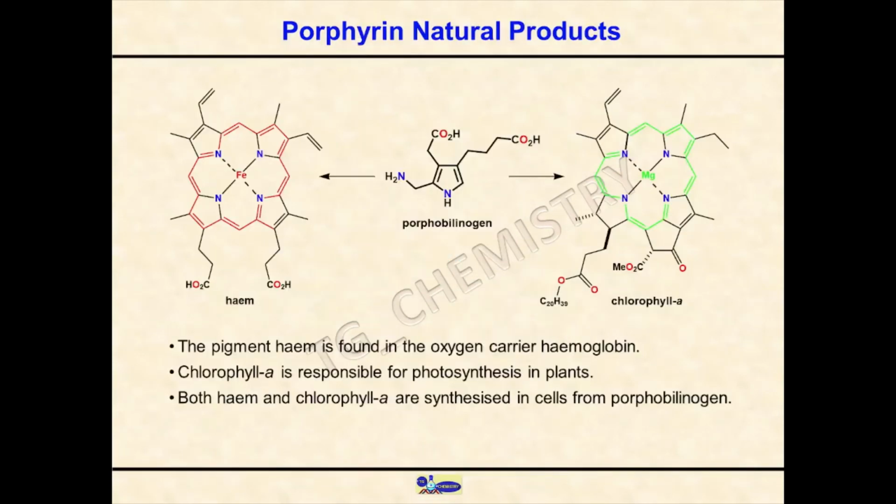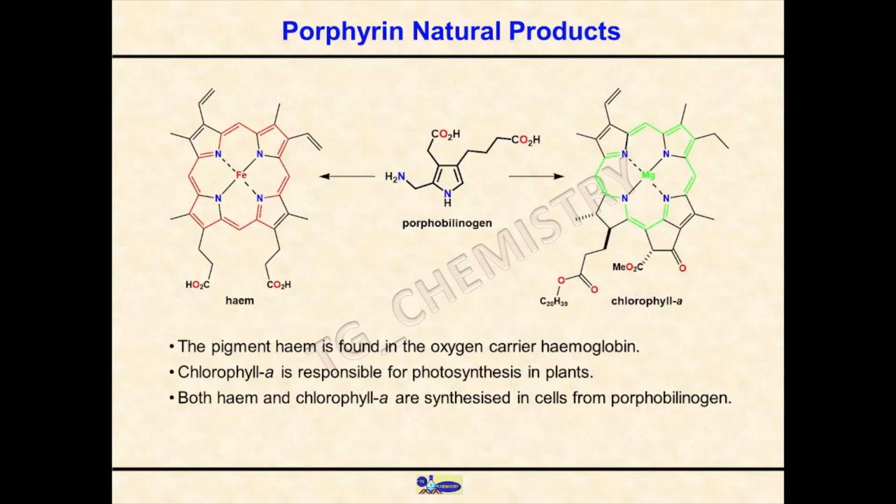Now we will talk about the porphyrin-based natural products. Here, as you can see, I have shown the porphobilinogen at the center because this will be used as the building block, which contains pyrrole as the basic skeleton, and from there we can have chlorophyll A and heme as the final natural products.